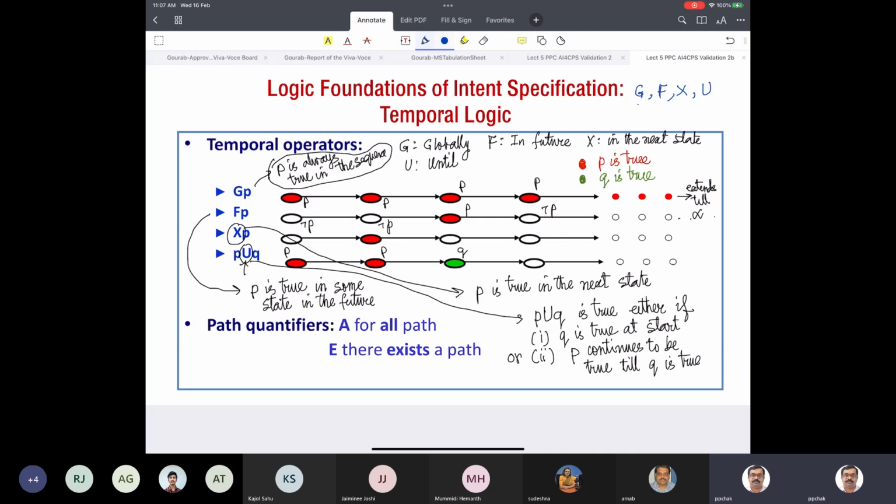So we are working on infinite traces, which we have discussed. GP means along the path from that state globally, the property P is true. FP means in future P is true. XP means in the next state P is true. And P until Q means either Q is true or P continues to remain true till Q becomes true.